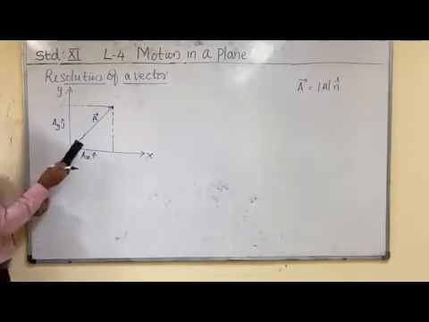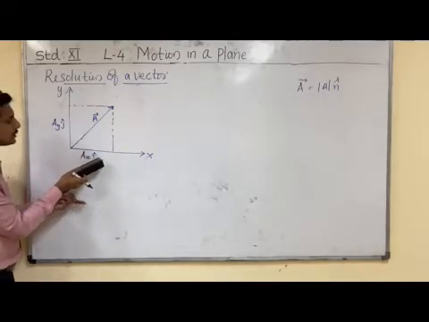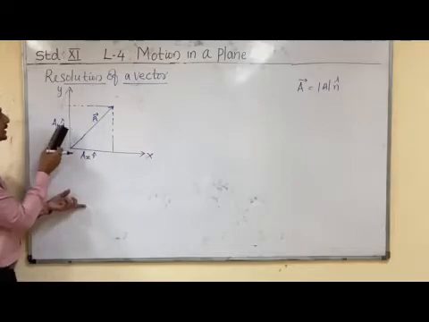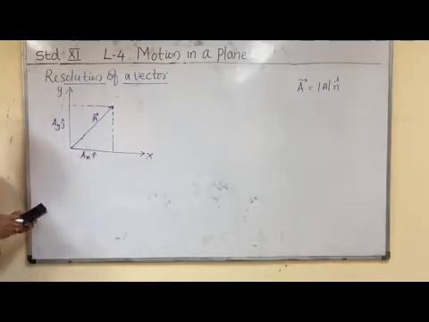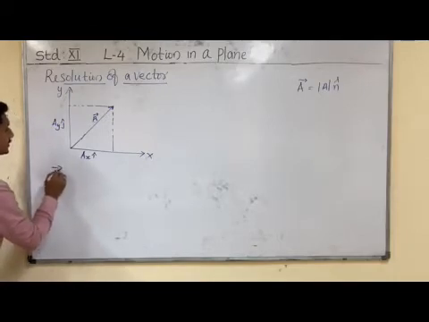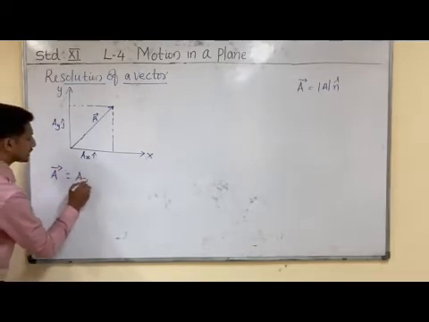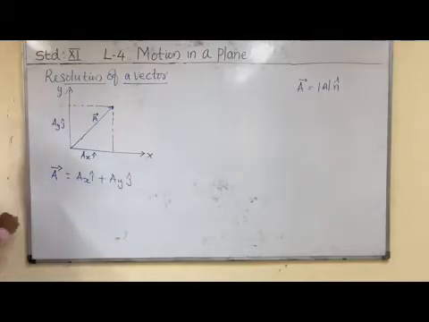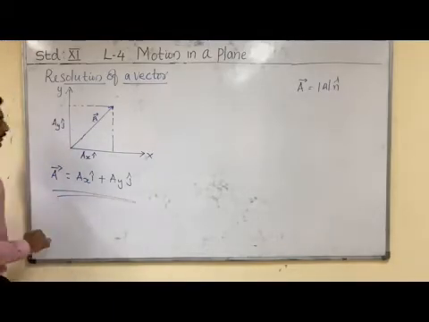So vector A is resolved into its components AXi along the x direction and AYj along the y direction, and we can represent vector A as AXi plus AYj.